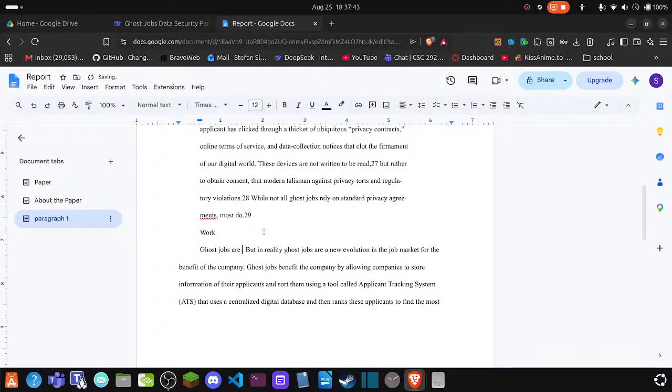Ghost jobs are job postings that are not actively hiring but are posted anyways to collect information about future candidates.